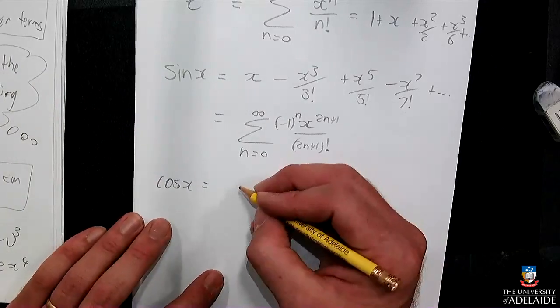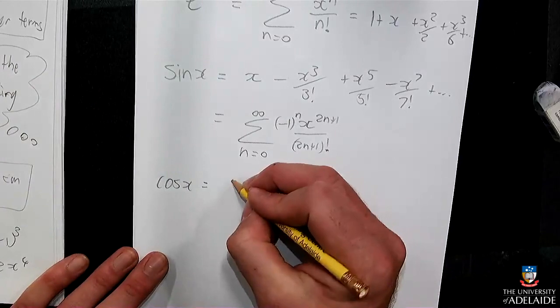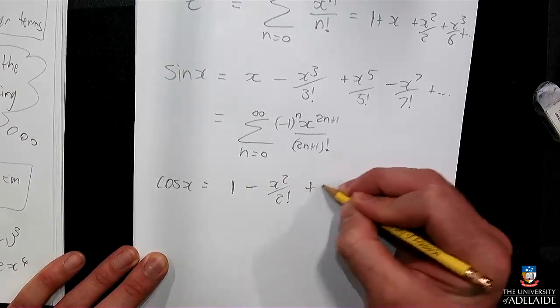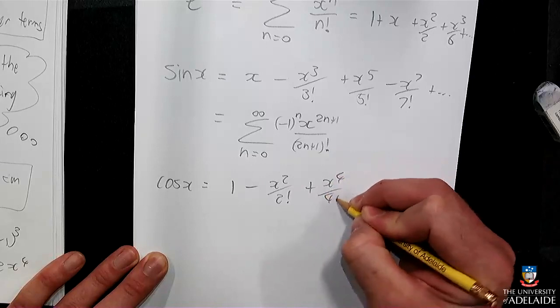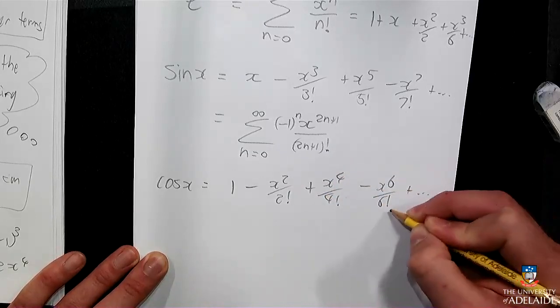Cos x is the same, but the even ones. So it starts at 1, and then it has the even powers, like that.